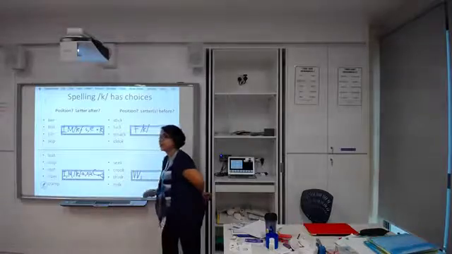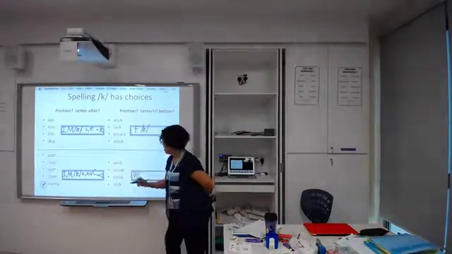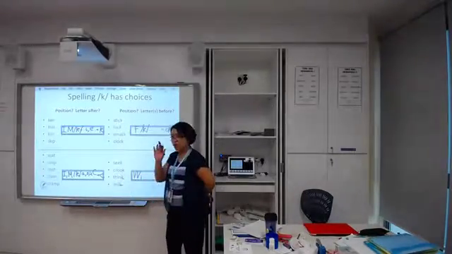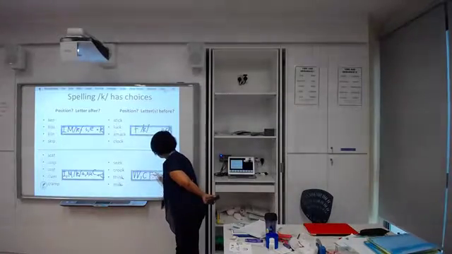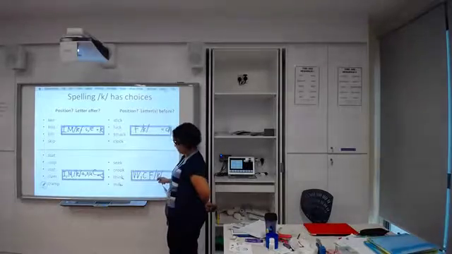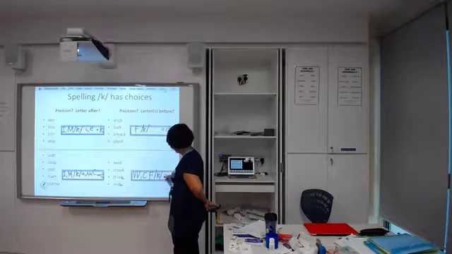Just the one before the k, consonant. Okay? So if you hear the sound k in the final position after a vowel pair or a consonant, we are going to spell it as K.